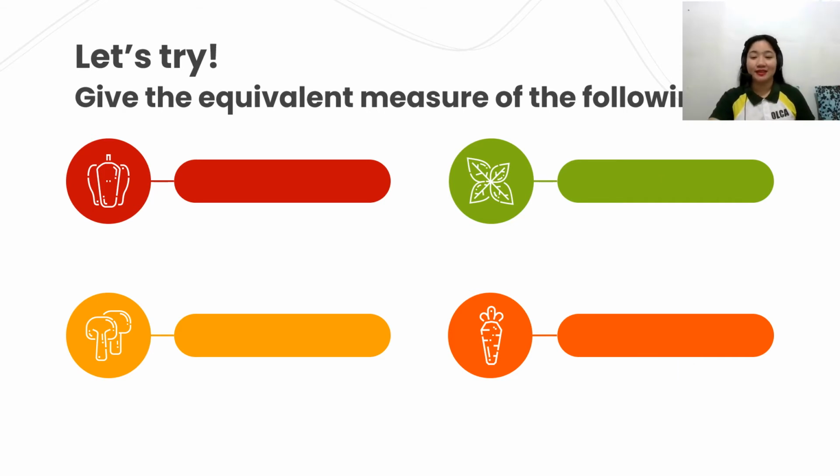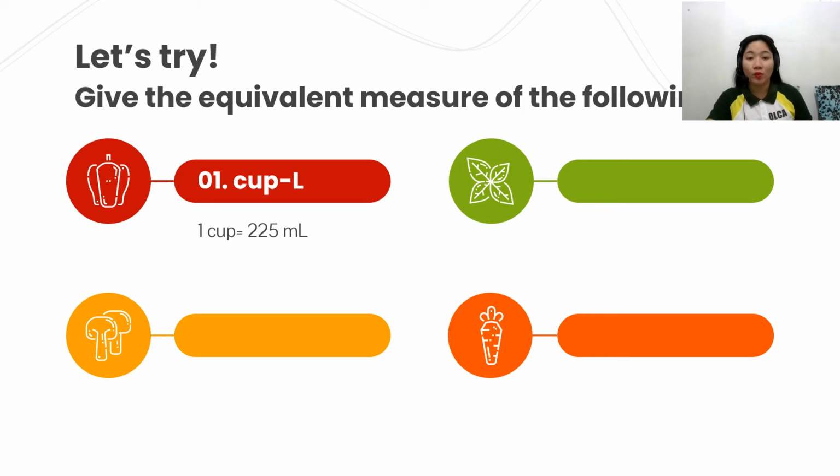Let's check, class, your answers. For number 1, you have cup to liters. Again, how many liters are there in 1 cup? Take note of this, class. If 1 cup is equivalent to 225 milliliters, remember that milliliters is 1,000 times smaller than the base unit, which is the liters.